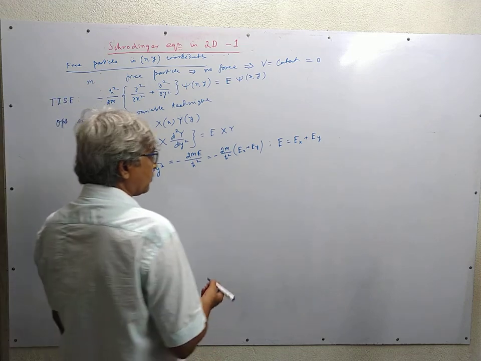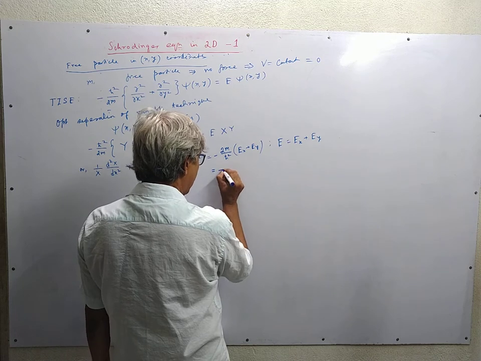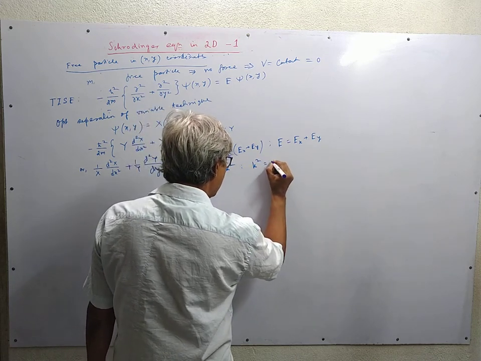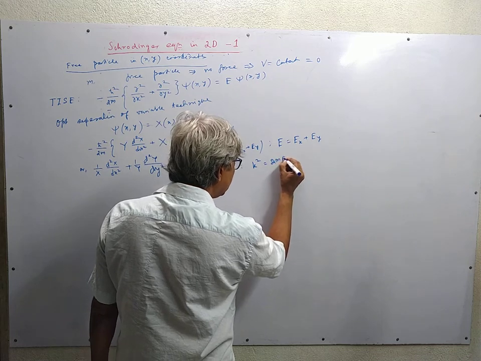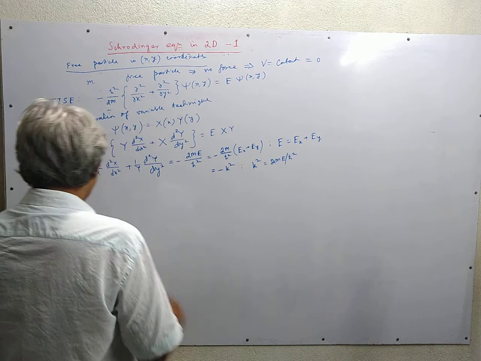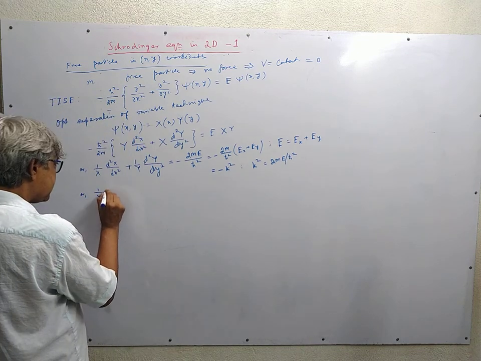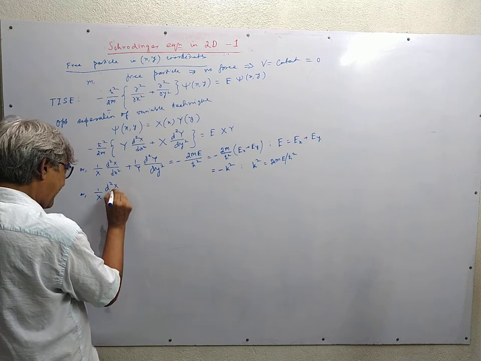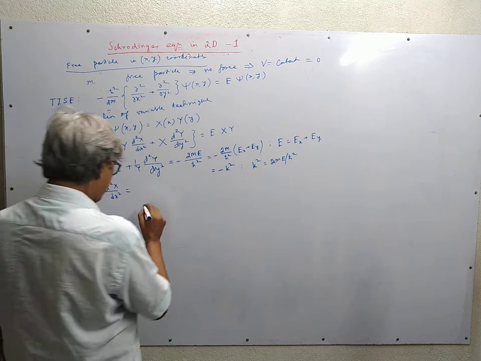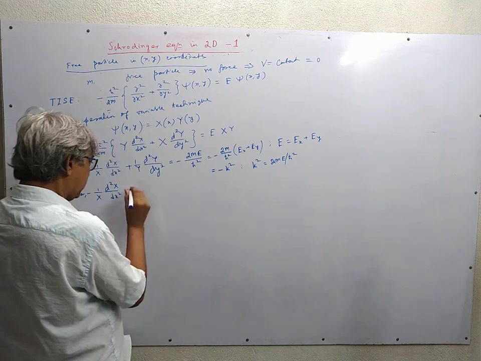Or another way of writing it is to introduce this as minus k square, where k square is equal to twice mE upon h bar square. We write it as 1 upon X d2X dx2 is equal to minus this one.